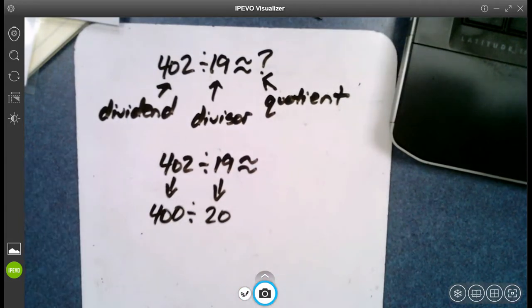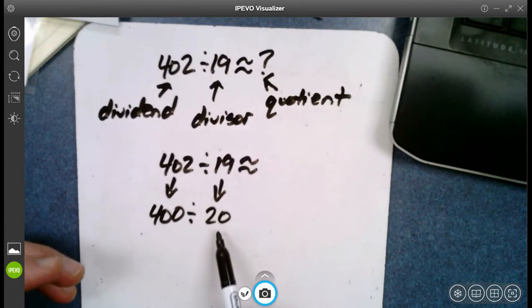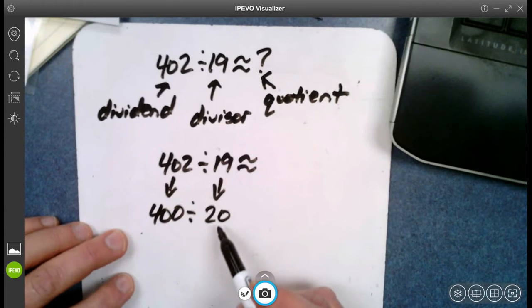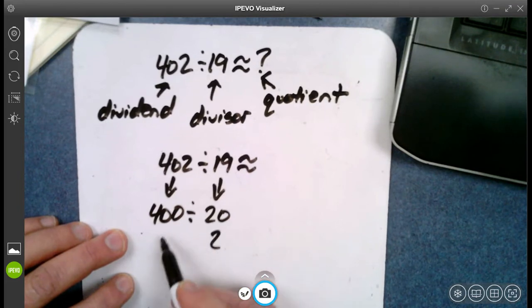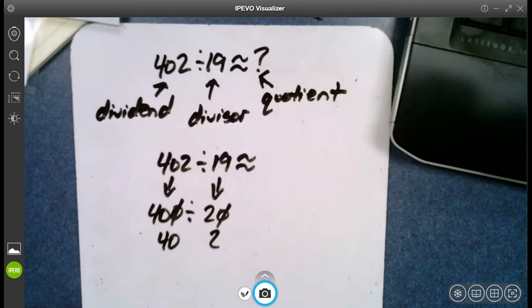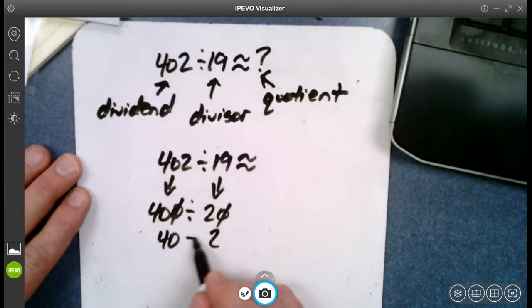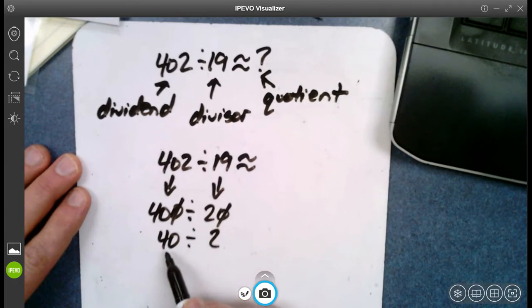And now I have 400 divided by 20. And what we learned last time is we can divide both sides by 10. Okay, so if I divide both sides by 10, this becomes 2. This becomes 40. What I'm really doing is crossing off the zeros from both sides. And now I have 40 divided by 2, or 2 times what is 40?